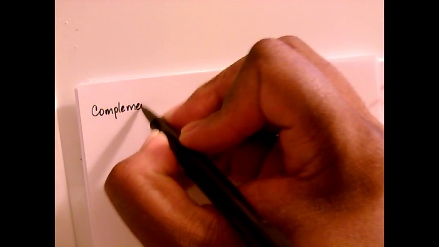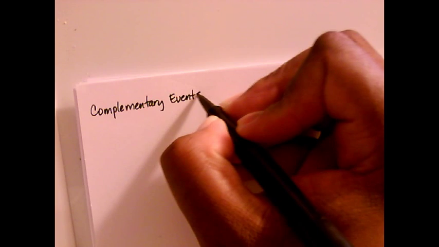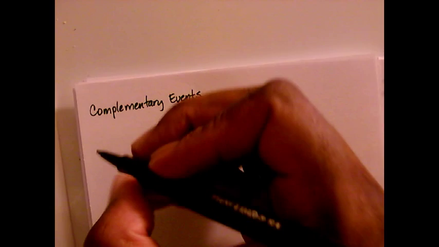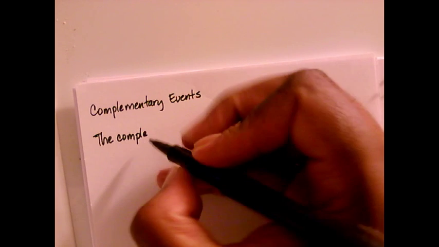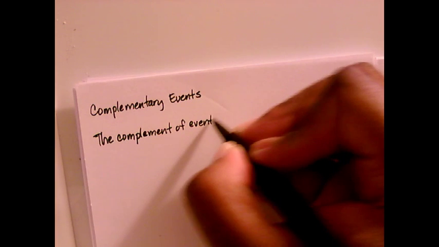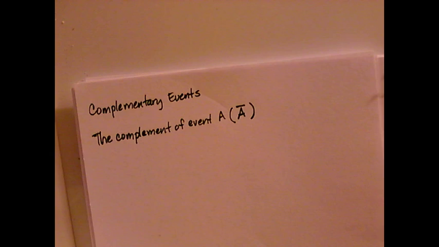All right, next I want to talk about is complementary events. Alright, so here, for complementary events, we're going to be dealing with the complement of event A. So here, the complement of event A, the notation for that will be A with the bar on top.